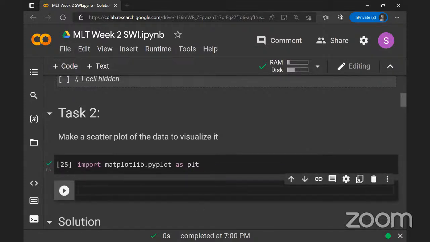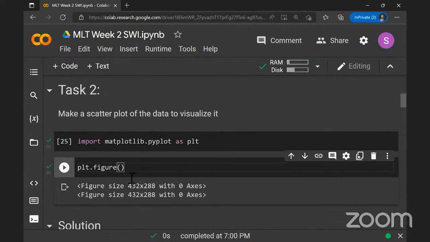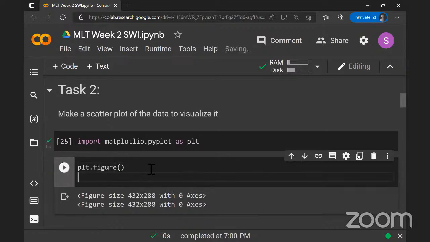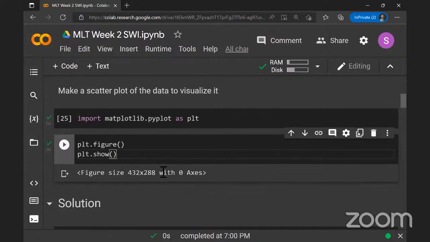Now, whenever you want to create a figure, basically something to draw upon, that's called a figure. Right now it is showing that a figure object has been generated, but it is not being shown because it is empty. If you still want to show it, you write plt.show. It's not showing the empty figure, it's all right, we'll come to that.